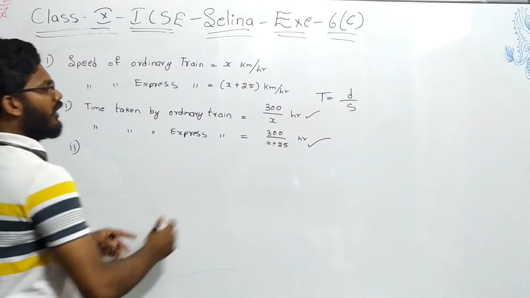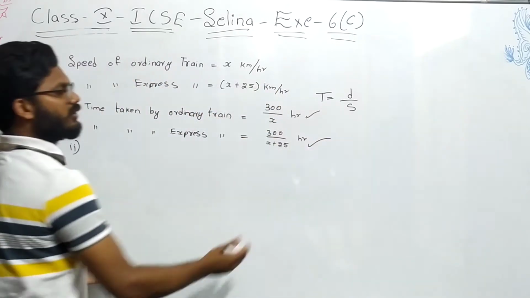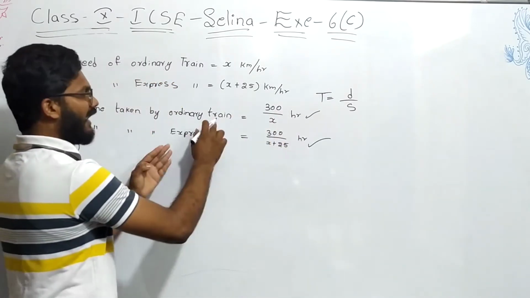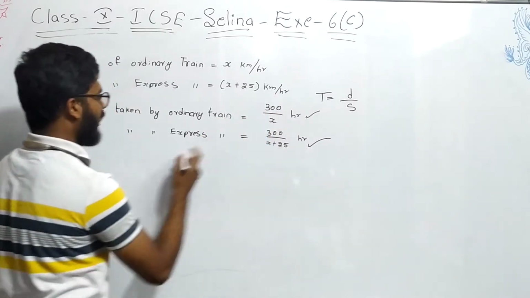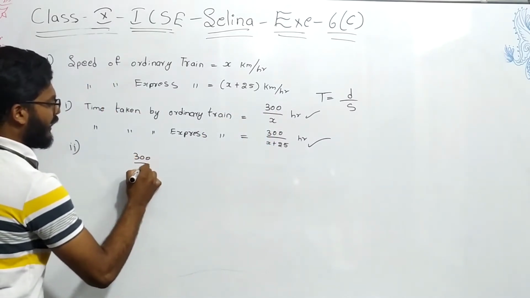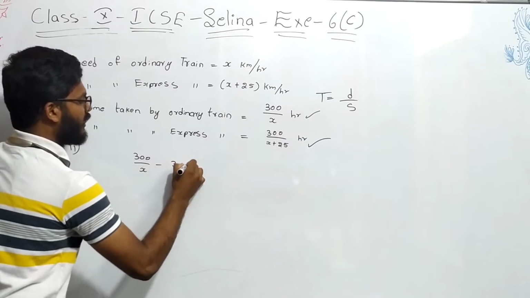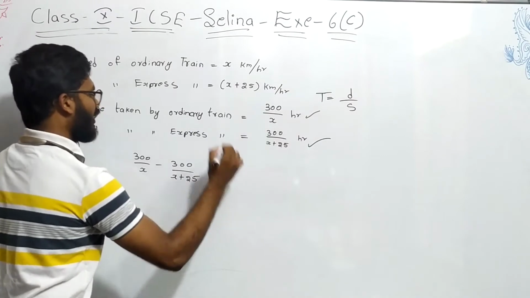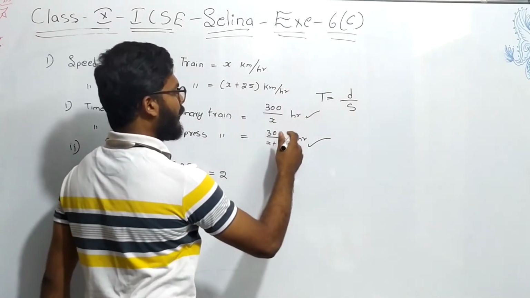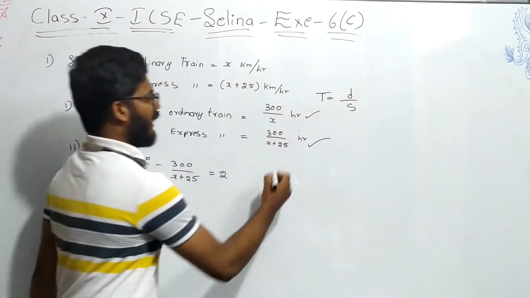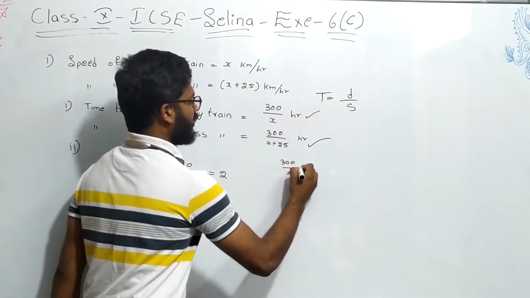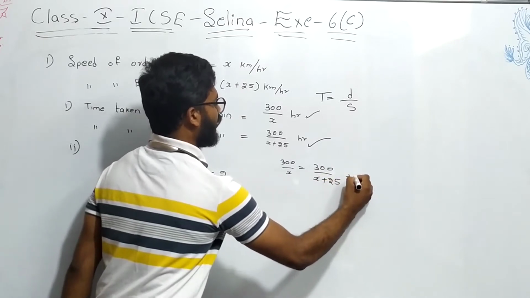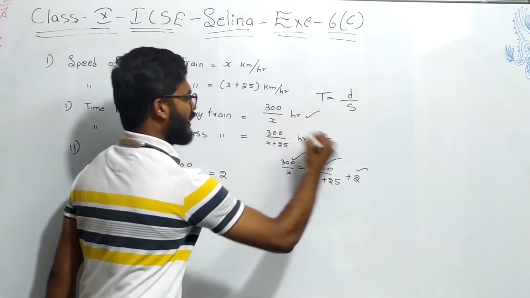So the difference between these two is 2 hours, and the ordinary train takes more time, so this value is more. So 300 by x minus 300 by x plus 25 is equal to 2. Or else you can write 300 by x is equal to 300 by x plus 25 plus 2, as this is 2 hours more than this.